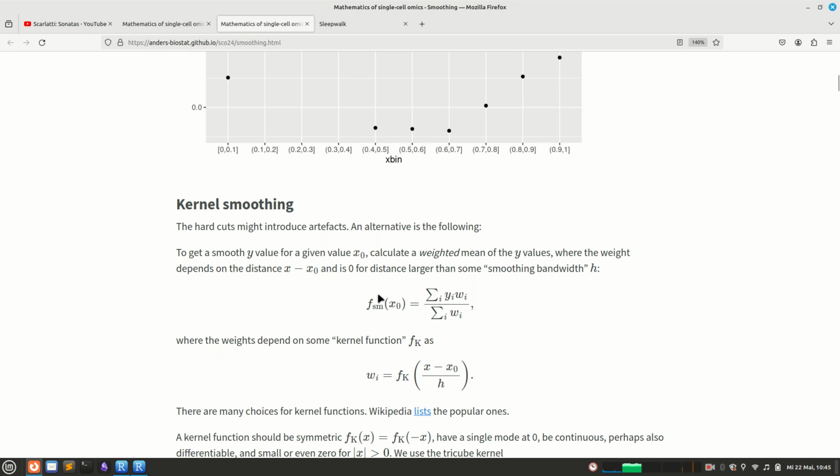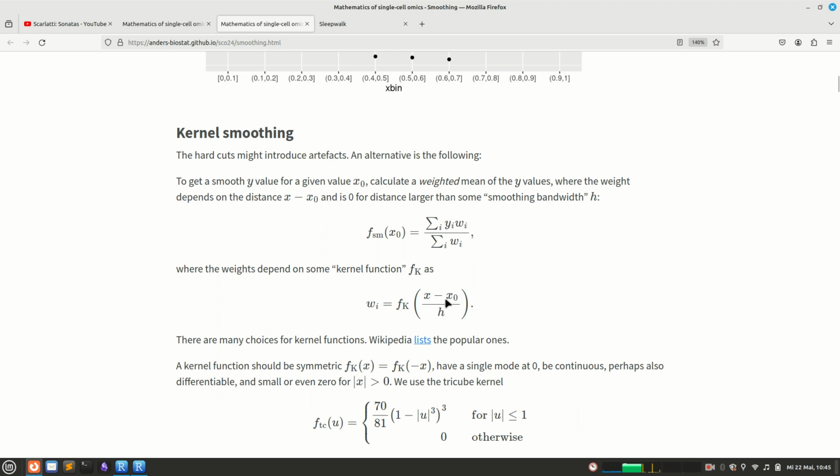And I say the smooth function value at this x value x0 should be a weighted average of the y values in the vicinity. And this weighting I do such that those y values which are close to my target x value x0 should get a high weight, and those which are a bit further out should get a lower weight. And for this you use a kernel.